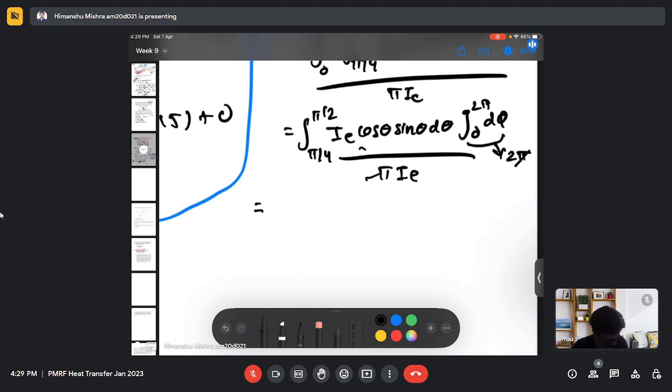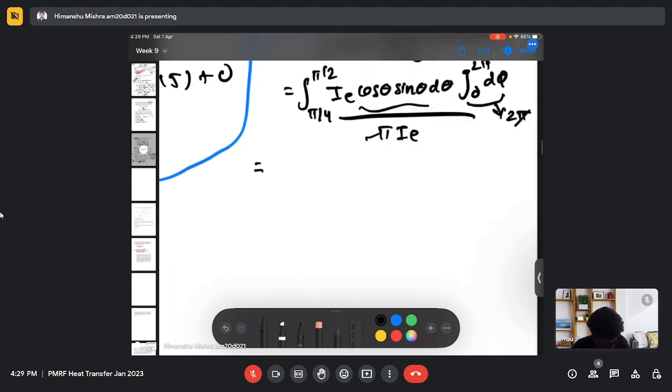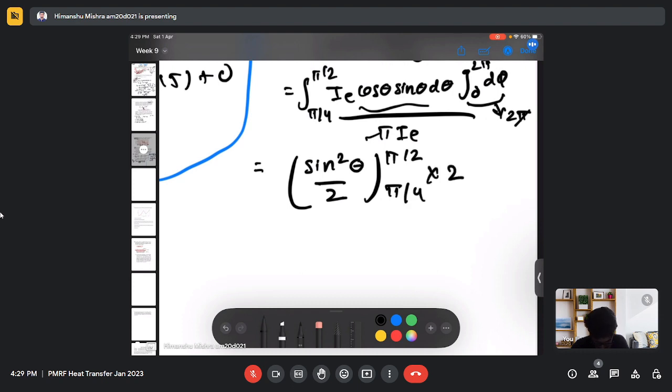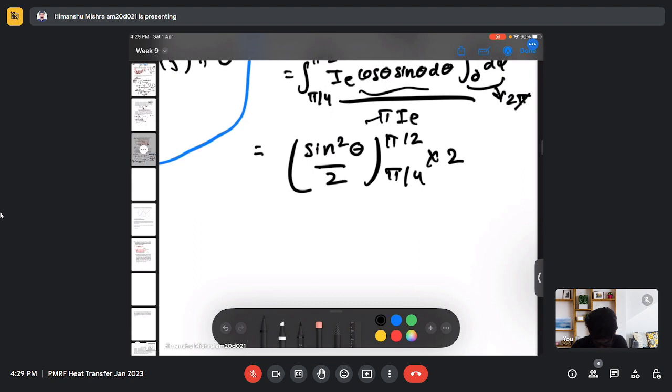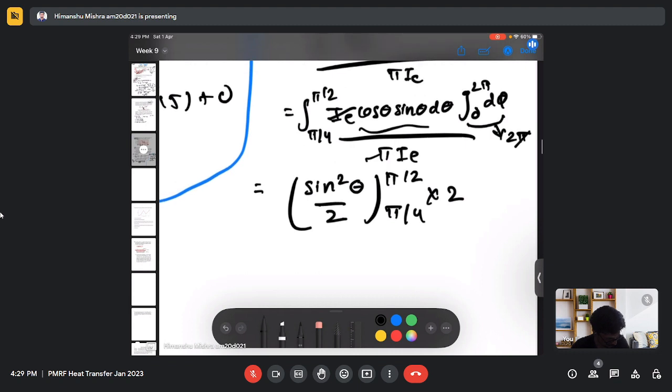And when I integrate this part, I will get sine square theta by 2 from pi by 2 to pi by 4, multiplied by 2, and this will also cancel.